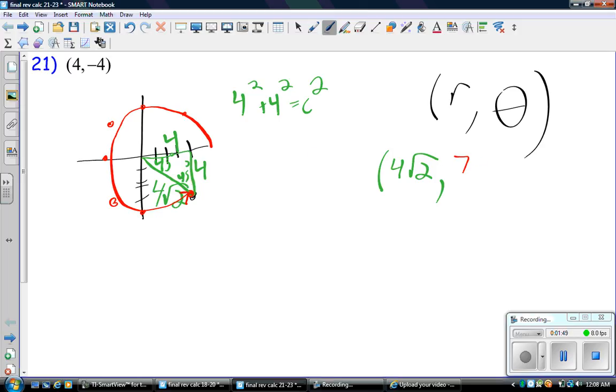That's my angle. And that's all there is to it. And again, this meant go right and down. This means rotate and go out from the origin that much. There's your answer.